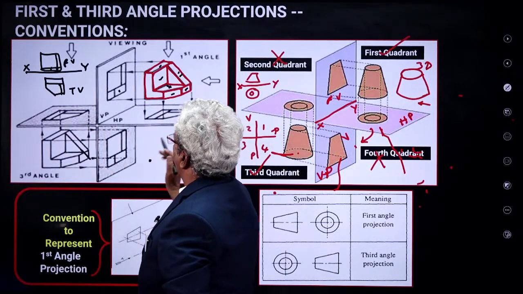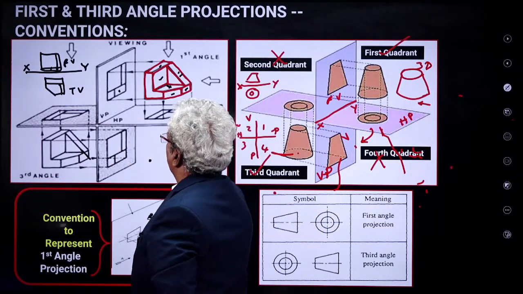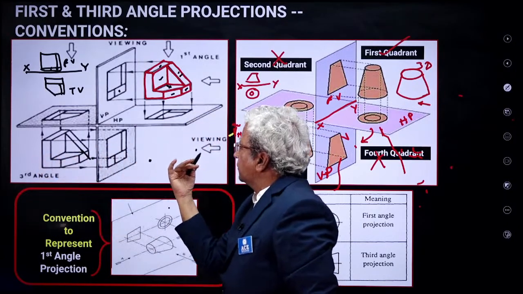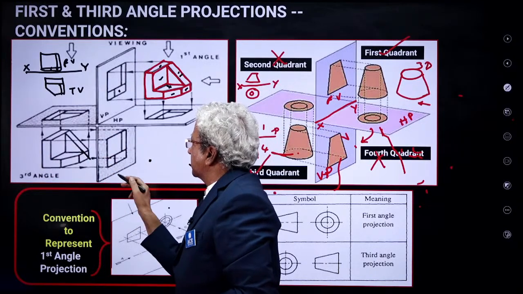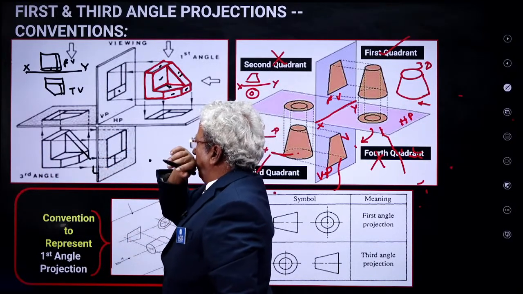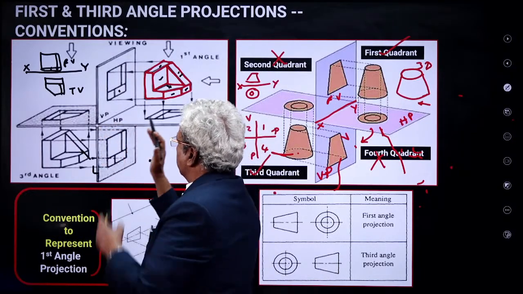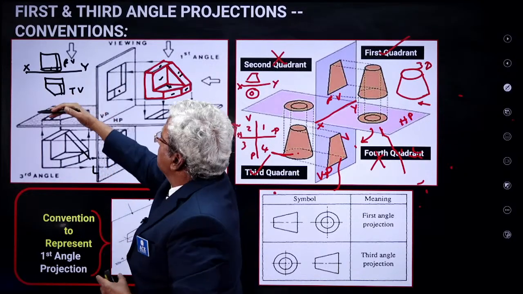But if you consider the third angle projection, you can see the same object; the observer is here. So you need a transparent plane in the third angle projection. You take the projection towards you. The projectors are coming like this, incident perpendicularly onto the plane. Then you see a figure like that, the front view. With respect to the front view, how is the top view?